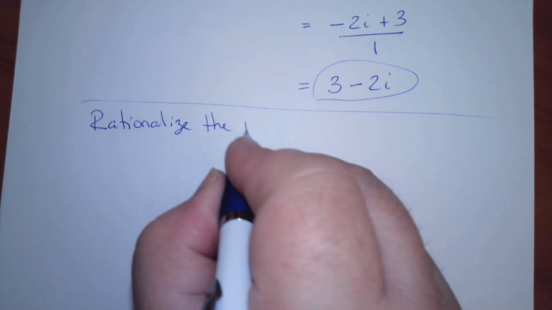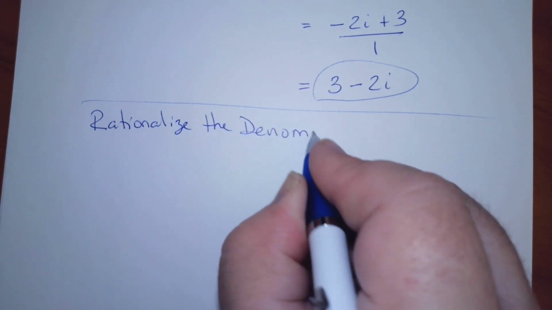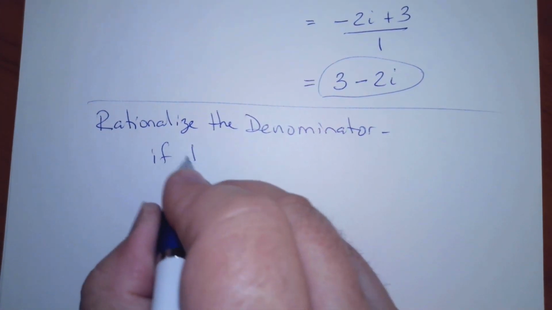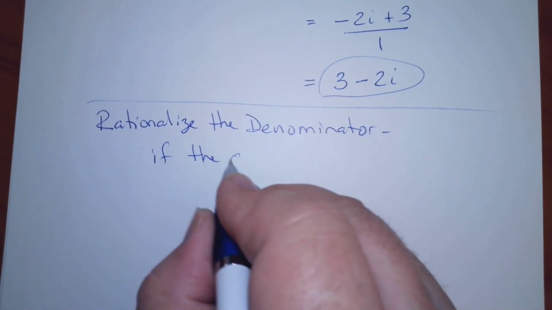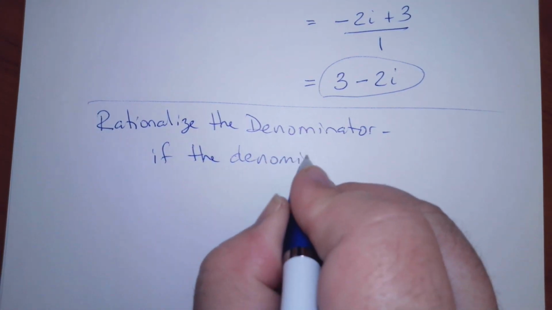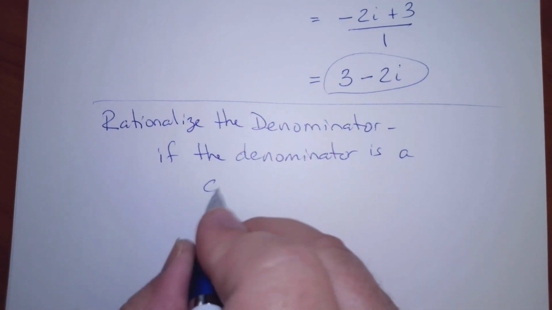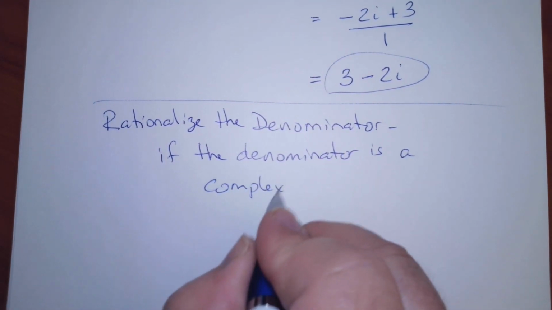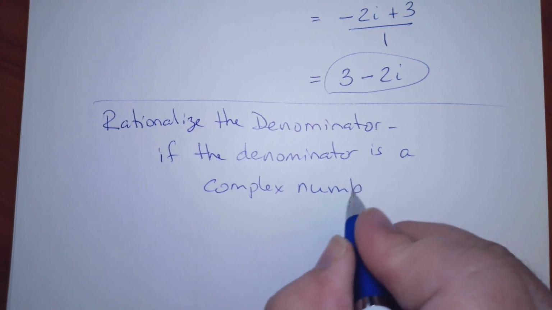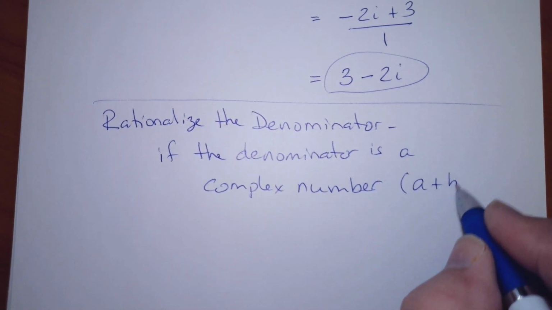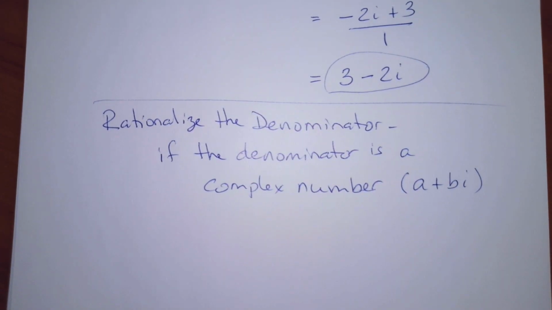Rationalize the denominator if the denominator is a complex number. Remember, a complex number is a plus bi. It has both the real and the imaginary part.